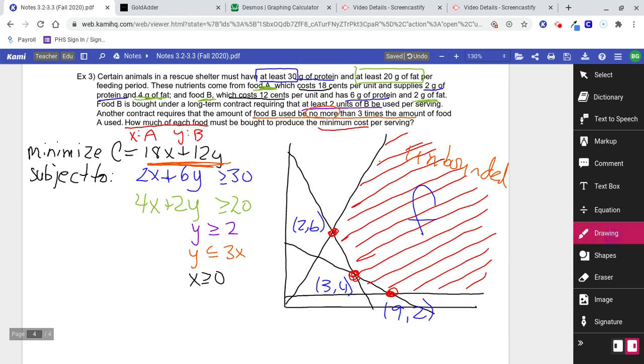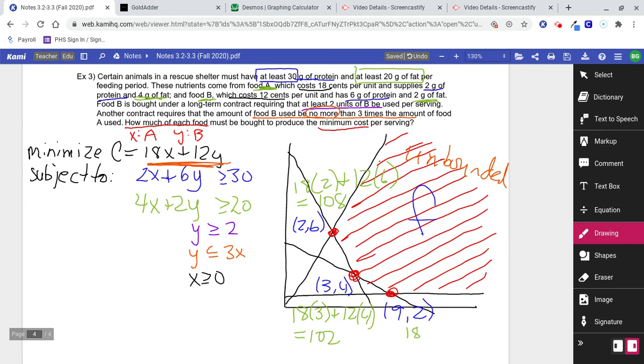So let's minimize. We're going to plug in, same procedure though, 18x plus 12y. 18 times 2 plus 12 times 6 is 108. And 18x plus 12y, that's 18 times 3 plus 12 times 4, that's 102.